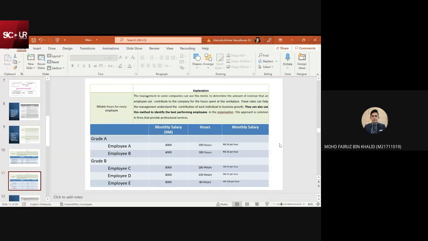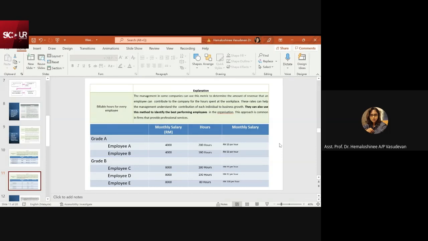See, we can only see why this fellow's working hours is 200, but they are getting a very low salary compared to the person who is working very few hours but getting a high salary.